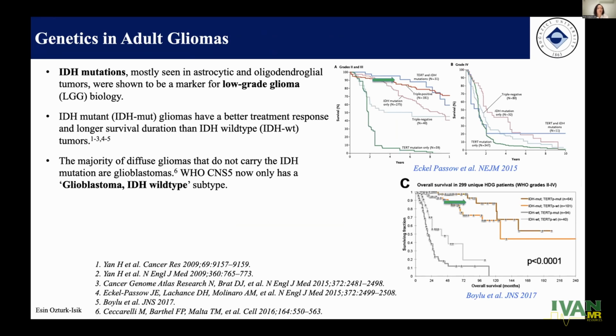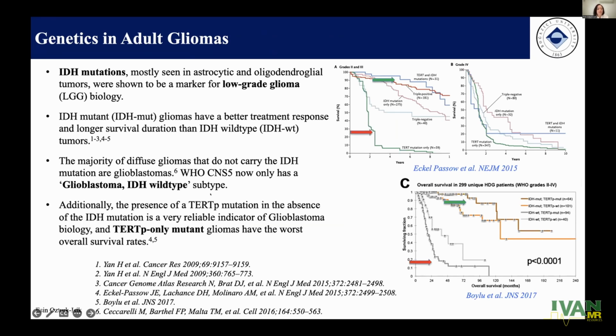And now we have a glioblastoma IDH wild-type category only. Additionally, if we don't have IDH mutation, but have a TERT mutation, those patients are called TERT only, and as marked with this red arrow, they have the worst overall survival. I'm mentioning these because these are actually the mutations that we used in our studies.